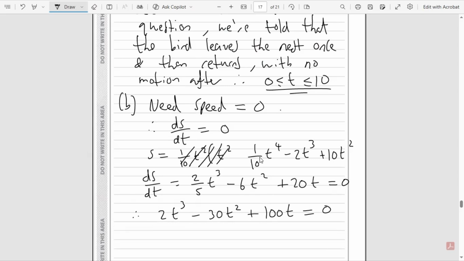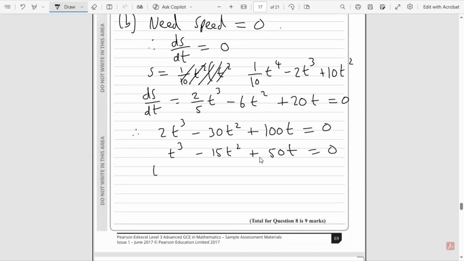In fact, I'm going to divide everything by 2 now because we have even coefficients everywhere: t cubed minus 15t squared plus 50t equal to 0. Perfect. Now we can factorize out the t: t times t squared minus 15t plus 50 is equal to 0, like so.